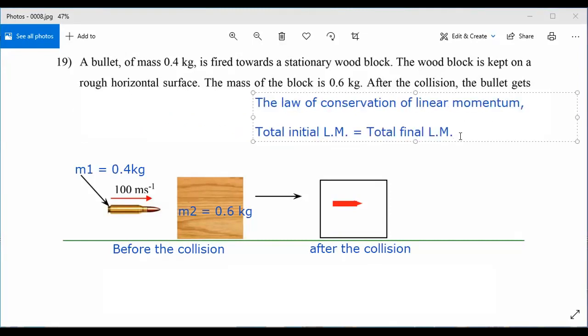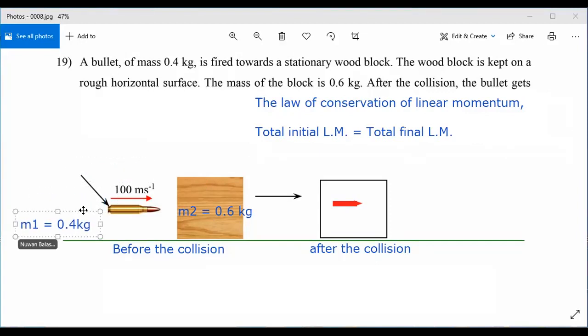Right. At the same time, somebody unmute the mic and tell me the meaning of linear momentum. What does it mean here? So mass into velocity, the product mass into velocity. So mass of the bullet is 0.4 kilogram.